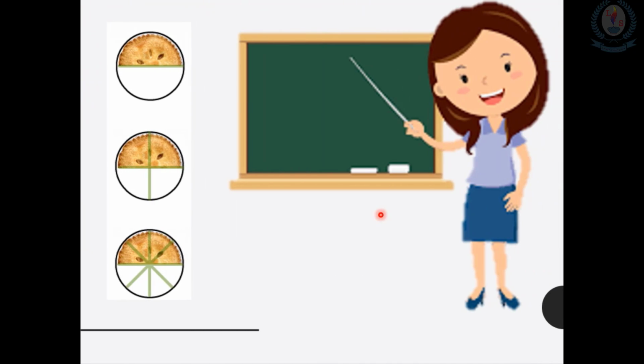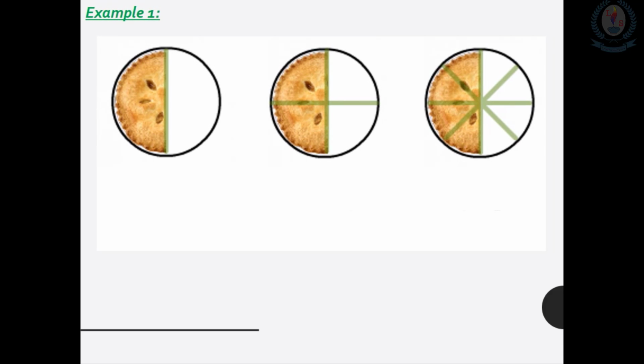Next we are going to discuss another important part of the lesson, equivalent ratio. We'll get to know what equivalent ratios are. Look at these 3 pictures of pieces of cake, children. In each and every picture, we can see only a part of the cake is remained.